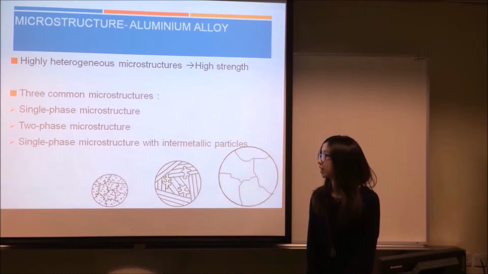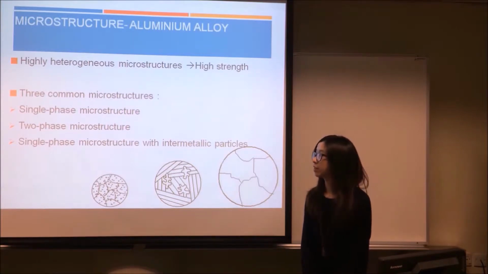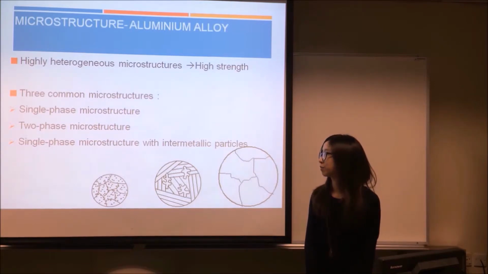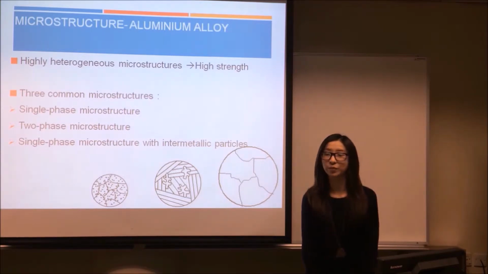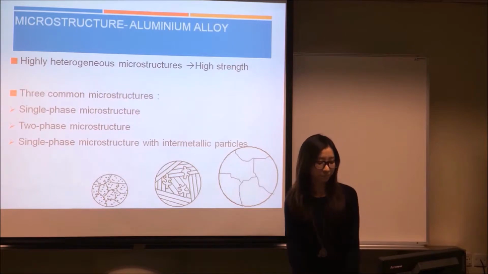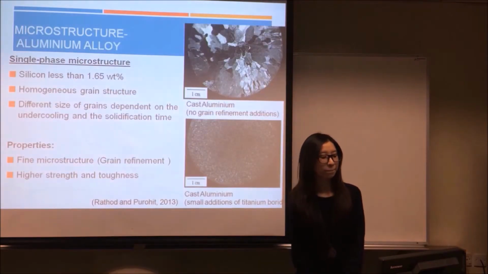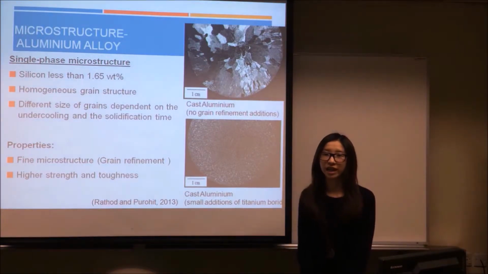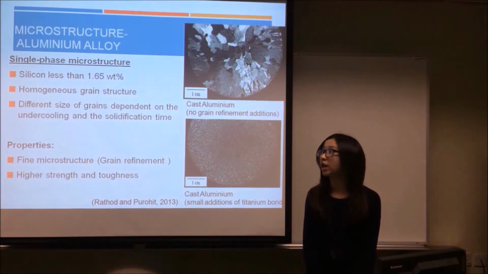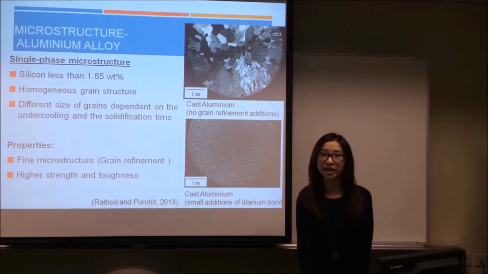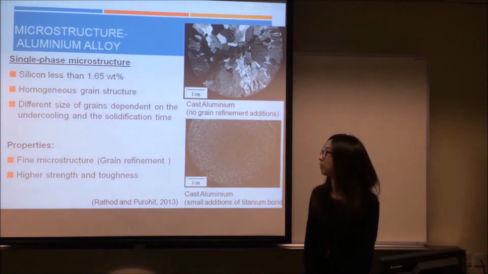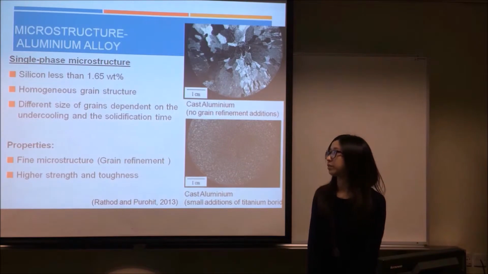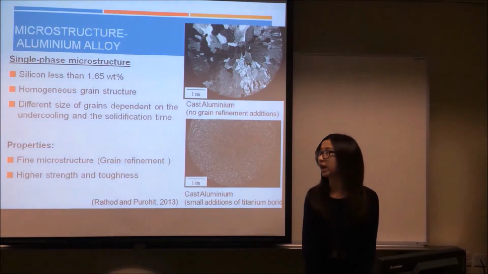The three very common microstructures include the single-phase microstructure, the two-phase microstructure, and the single-phase microstructure with intermetallic particles. In the single-phase microstructure, when the molten aluminium alloy has a silicon content of less than 1.65 weight%, the microstructure has a homogeneous grain structure, with different sizes of grains dependent on the undercooling and the solidification time.